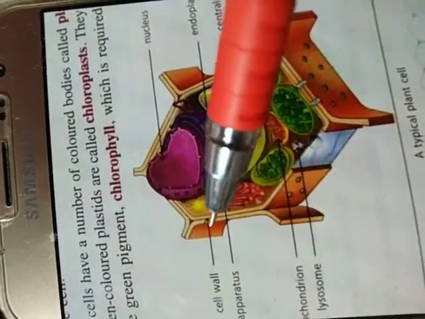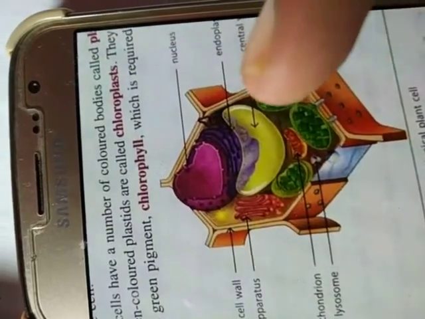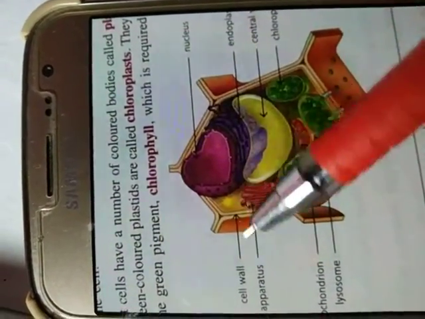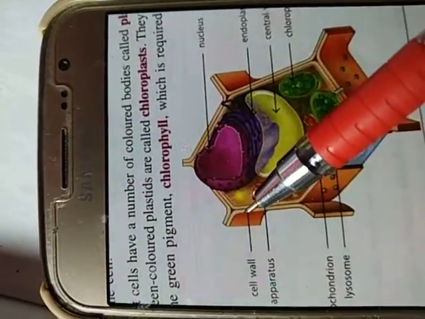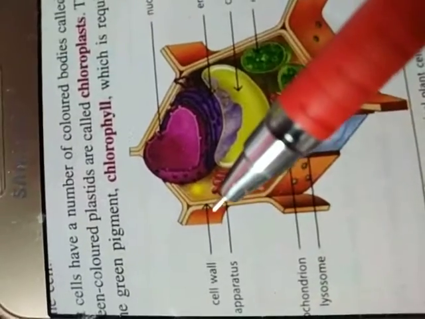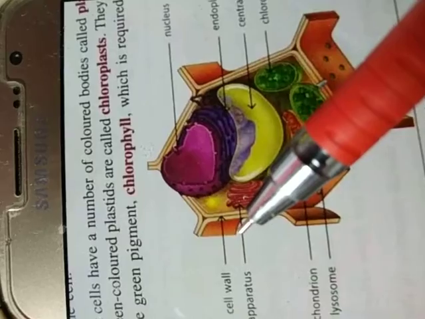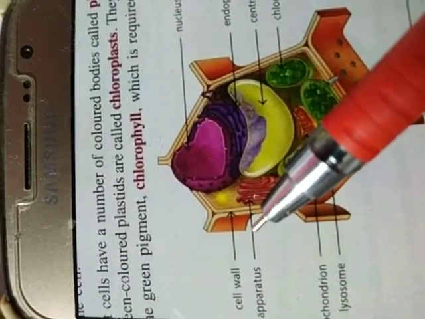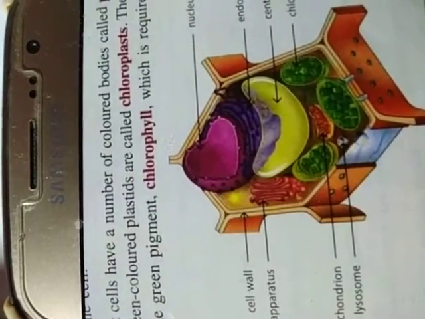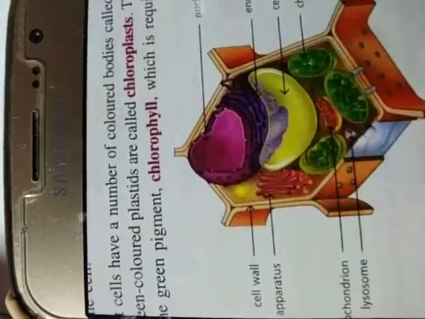Number two, food particles, carbon dioxide and oxygen can also pass through this cell wall, because the cell wall is porous. So it also helps in transporting food materials and gases for respiration throughout the cell.